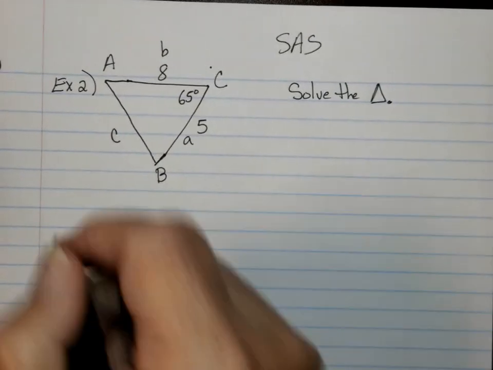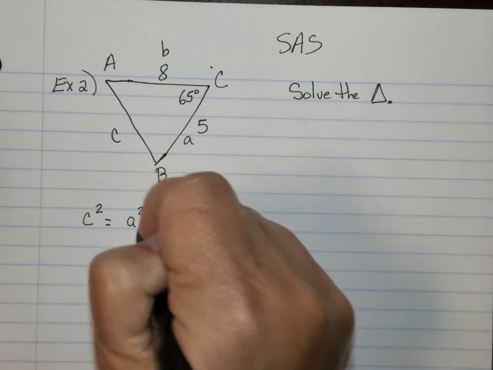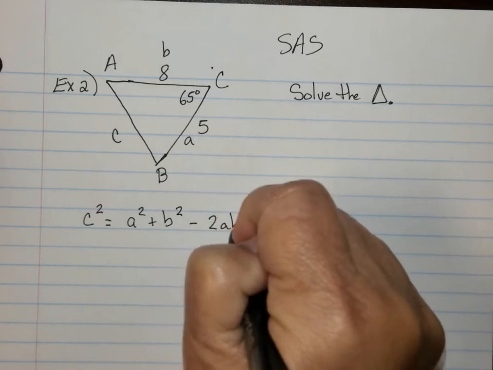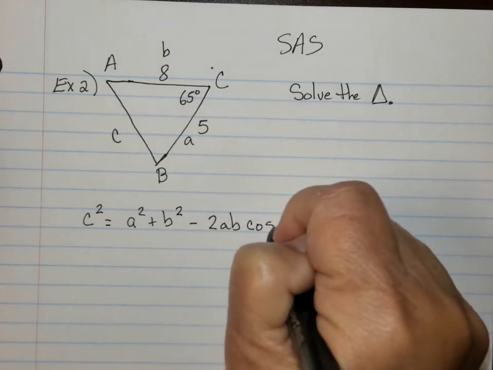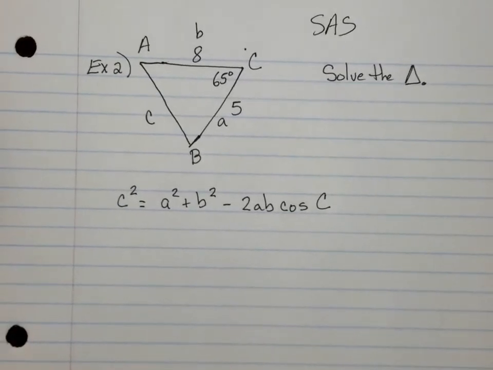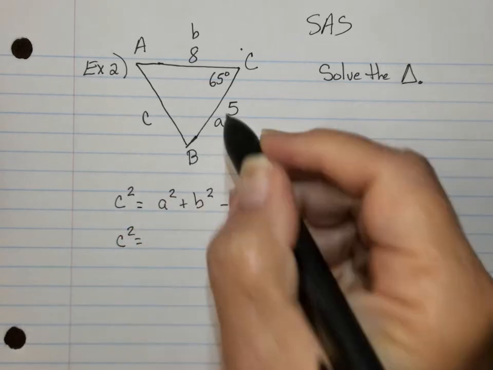So I'm going to put down C squared equals A squared plus B squared minus 2AB times the cosine of C. I don't know what C is, so there's a variable.